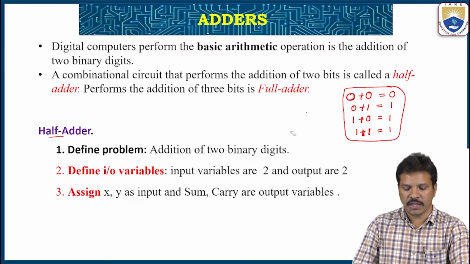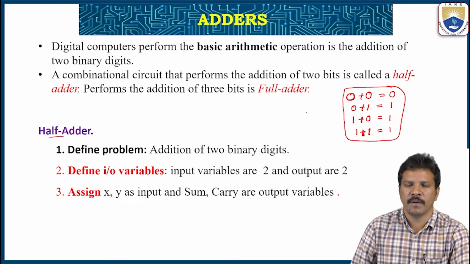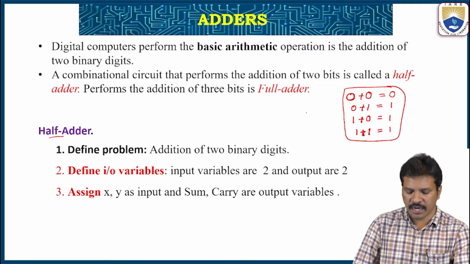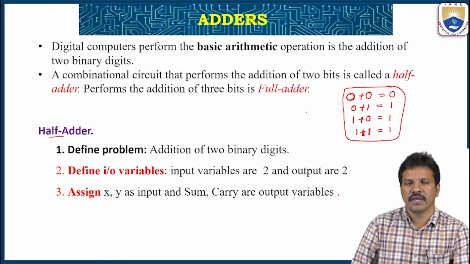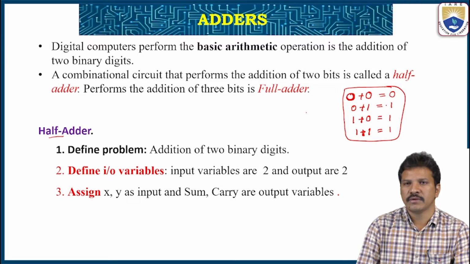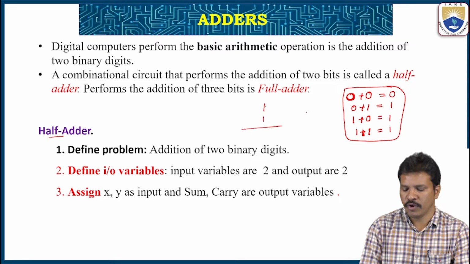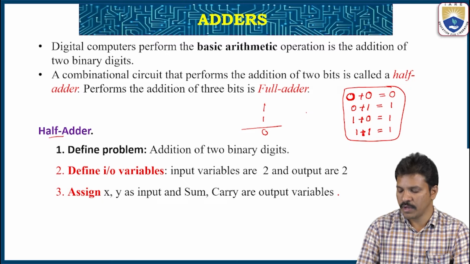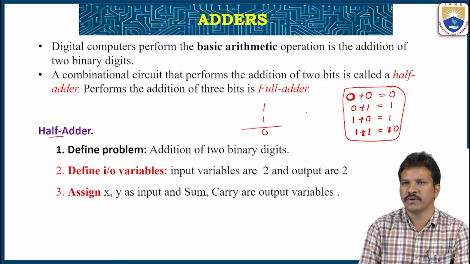First point is define the problem. Addition of 2 binary digits is the user requirement, and that is the problem statement. The second point: if you add 1 plus 1, the actual result is 1 0.